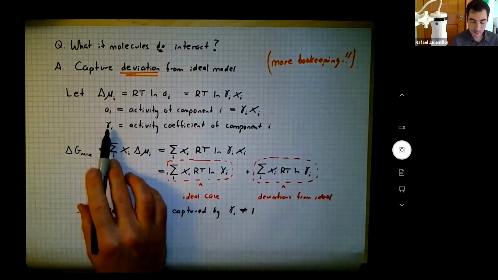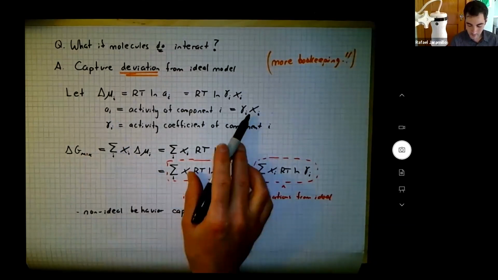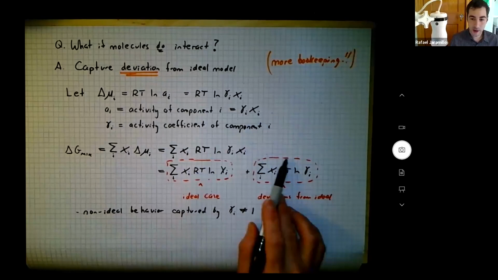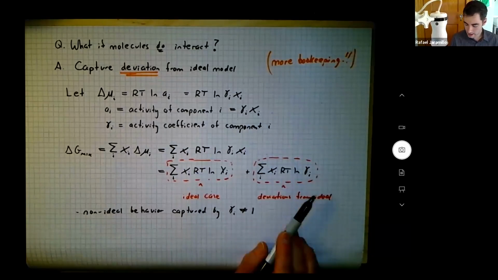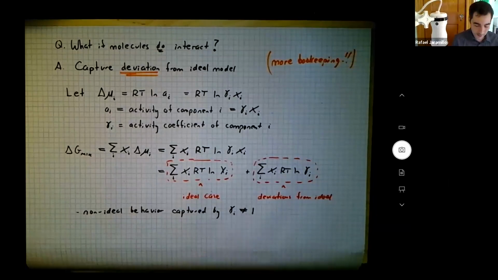And this thing which we call activity is just equal to the mole fraction. And if the solution does not behave ideally, if it deviates, we just dump that deviation into this term over here. And we say it's captured by these activity coefficients being not equal to 1. And we can figure out what they are later, right? So again, just a bookkeeping exercise at this point.